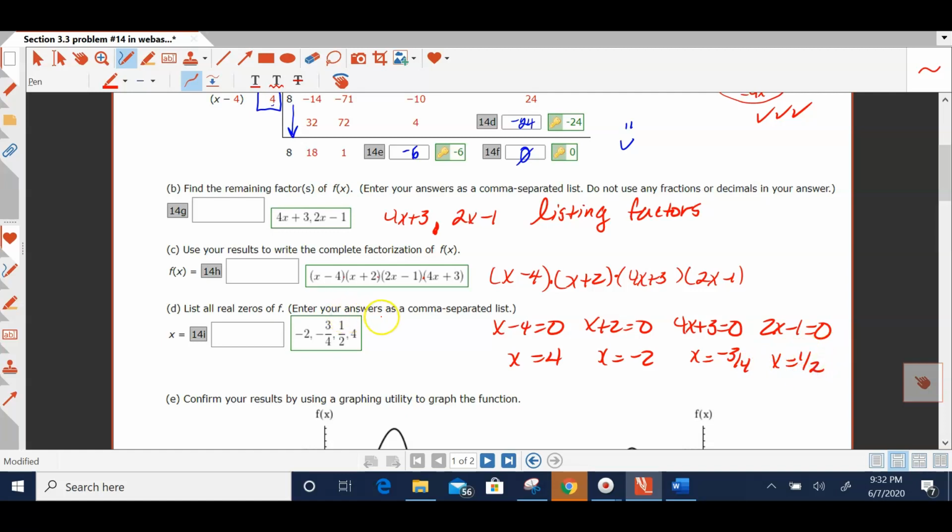Now we want to enter the answers as a comma separated list. So we want to list these all out separated by commas. The order's not that important, just so you get them all down there.